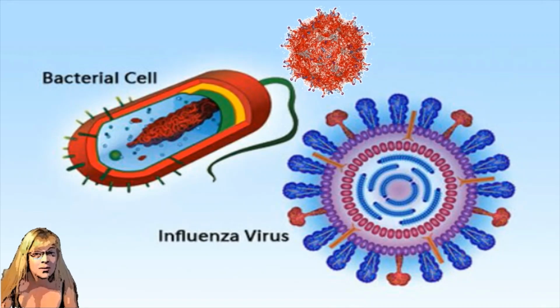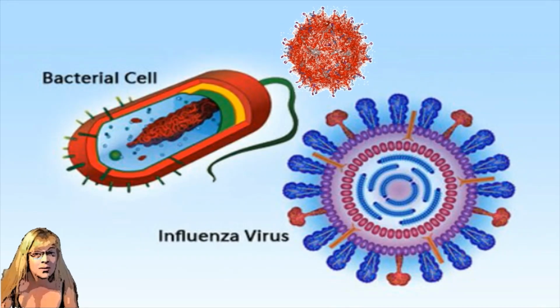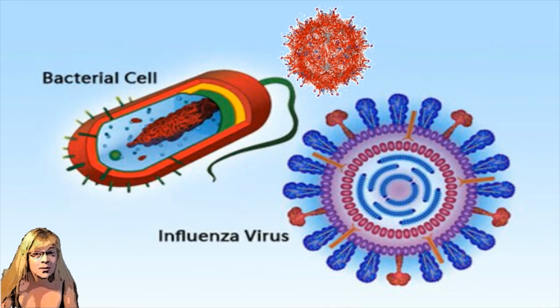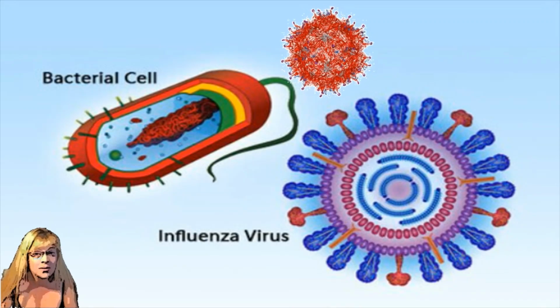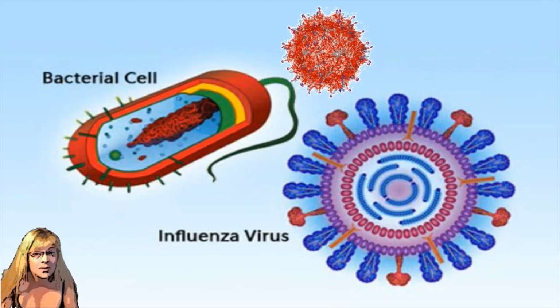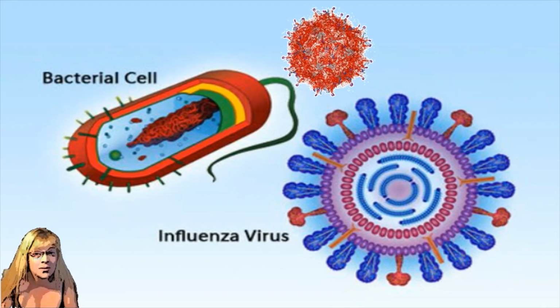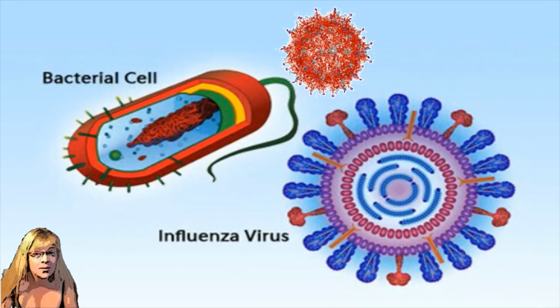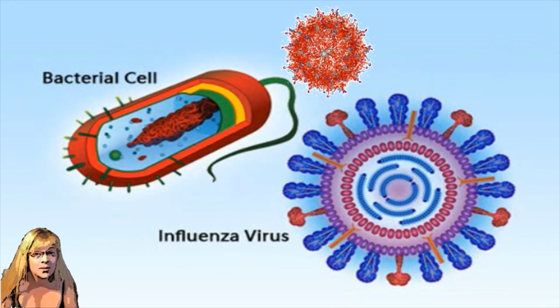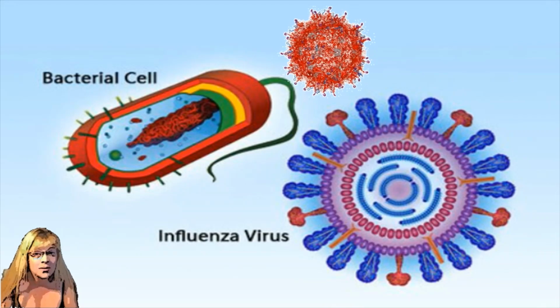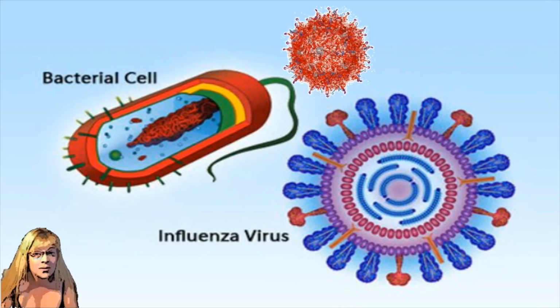The DNA uses the machinery inside the living cell to reproduce new virus particles. Eventually, the hijacked cell dies and bursts, freeing the new virus particles, or the viral particles may bud off the cell so it remains alive. In either case, the cell is a factory for the virus.